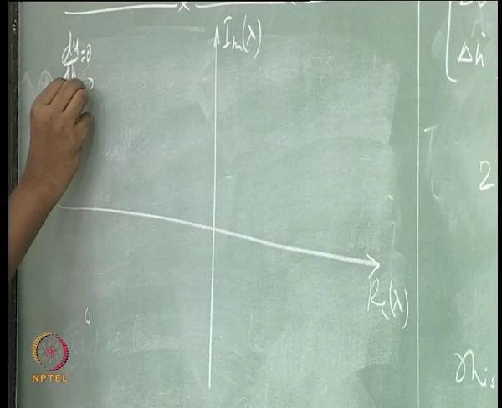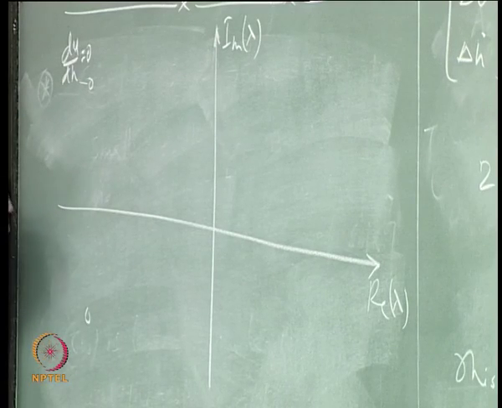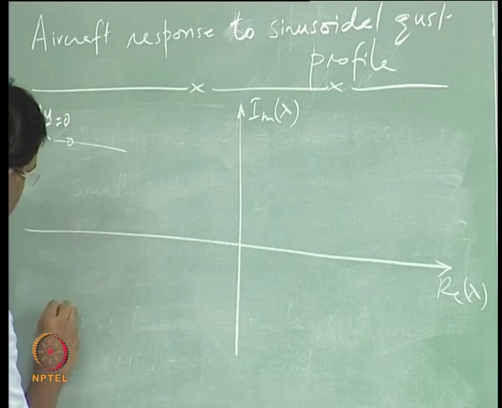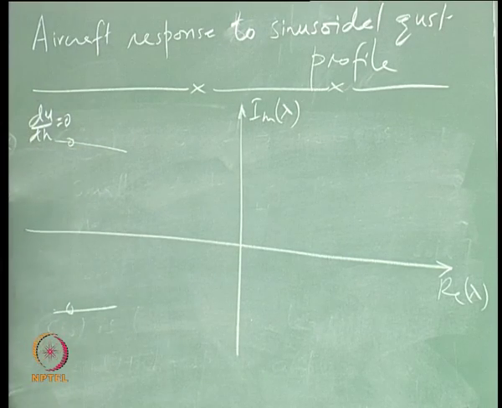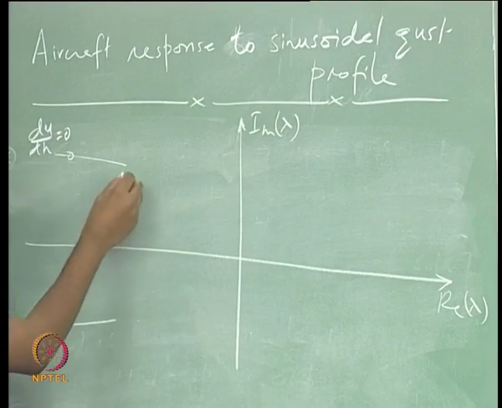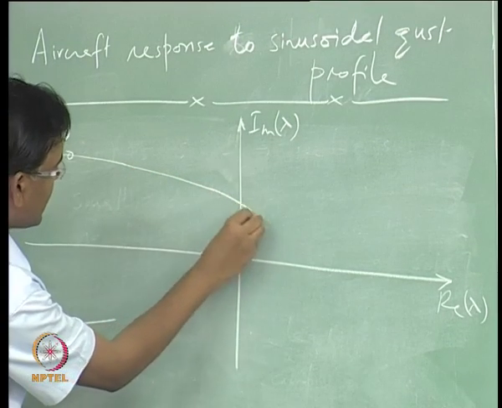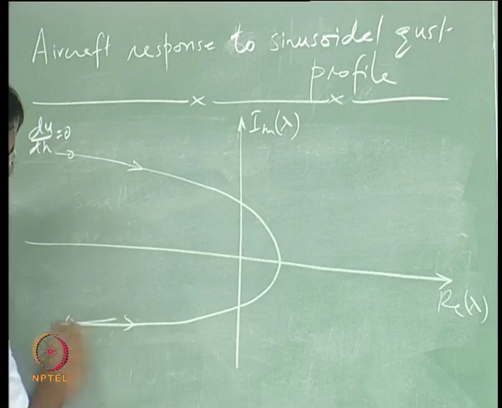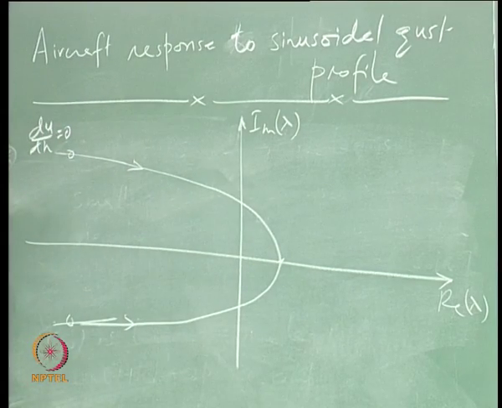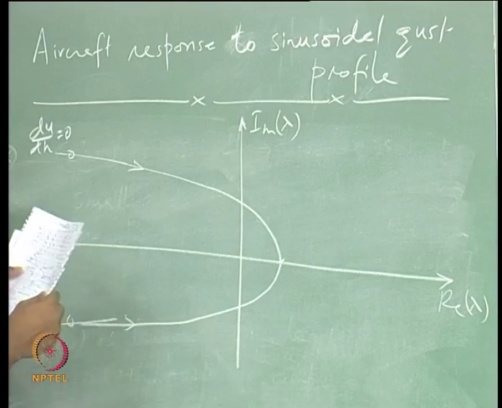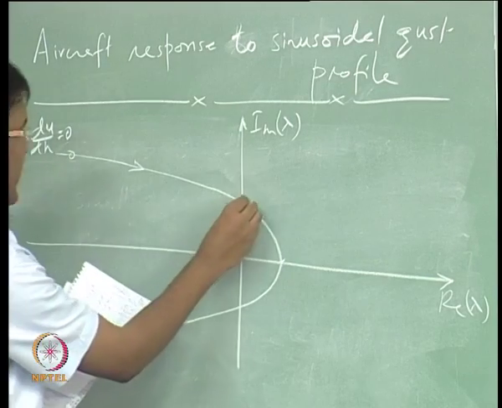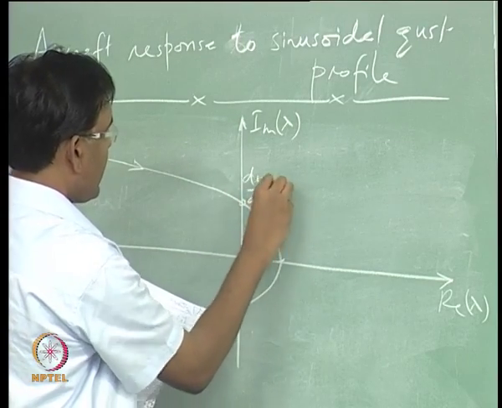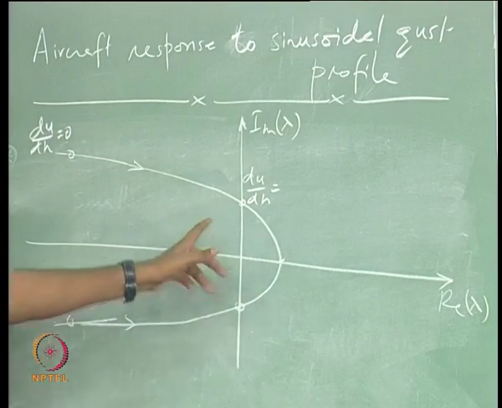When you start changing this gradient, this pair of eigenvalues will start moving, and becomes real at this point, and you want to know what is the magnitude of the gradient at this point.